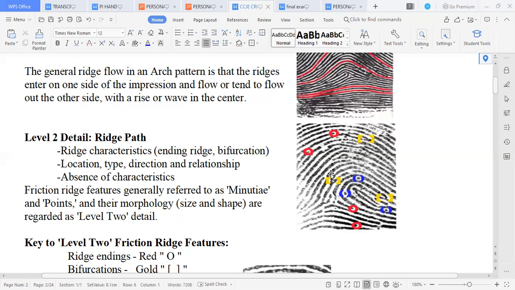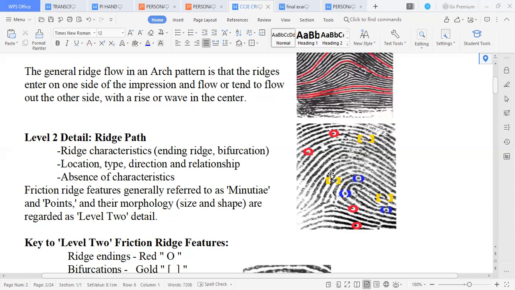If they have the same location, then you might be thinking that they are the same. So location matters. But if you see a ridge characteristic, for example a bifurcation, in the question and you also see it in the standard, but they are not in the same location, that would again be a basis for you to make a conclusion. They are not the same because the locations are not the same.